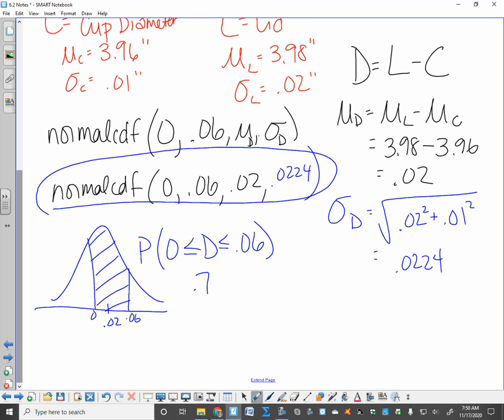And I get 0.777. There's a 77.7% chance that a randomly selected lid will fit on a randomly selected cup, which means 22% of the time they don't fit. Think about that.